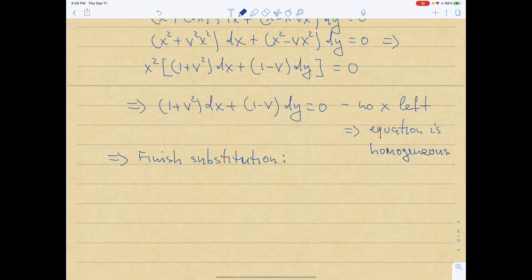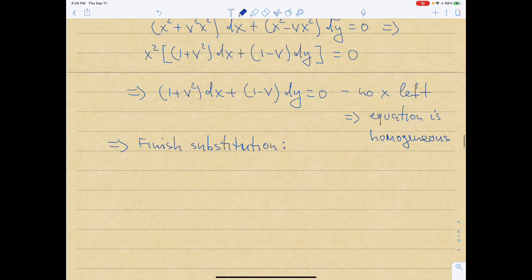So we already have seen that if y is vx, then by the product rule, y prime is v prime x plus v x prime, and x prime is 1, so it is v prime x plus v.